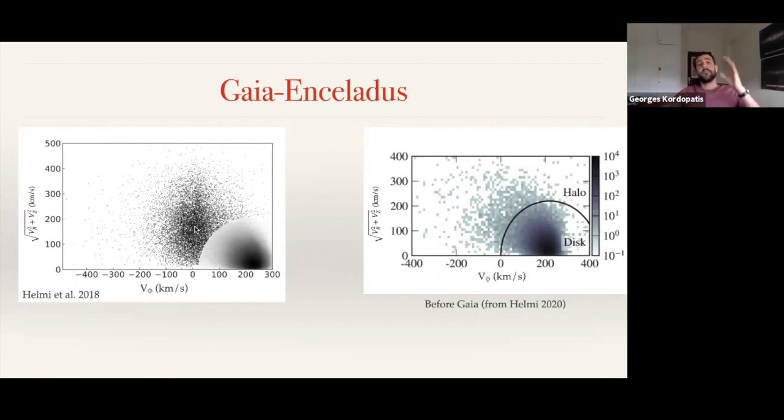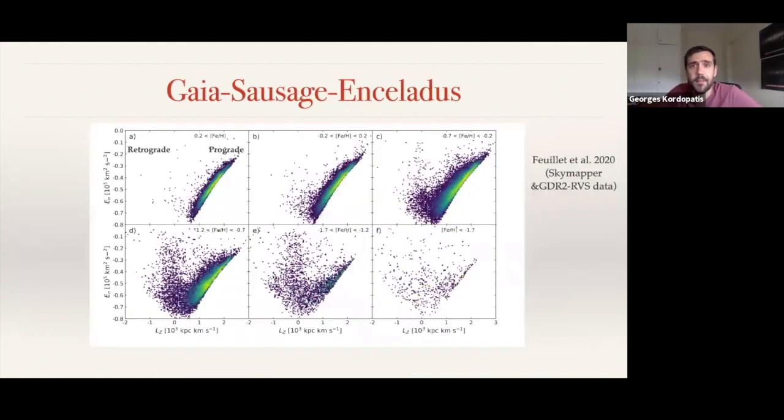Regardless of this, in the community, in the two groups at least, people are debating whether Gaia Enceladus and Gaia sausage are the same population. That's why, for people that are not involved in either of those groups, we now call this accretion event the Gaia sausage Enceladus.